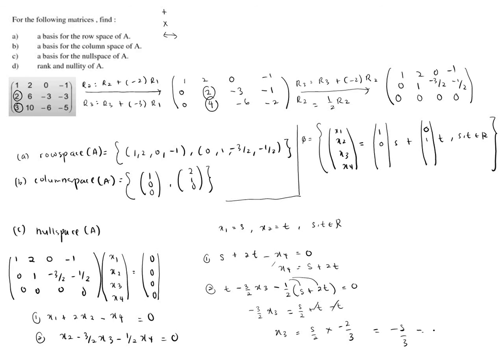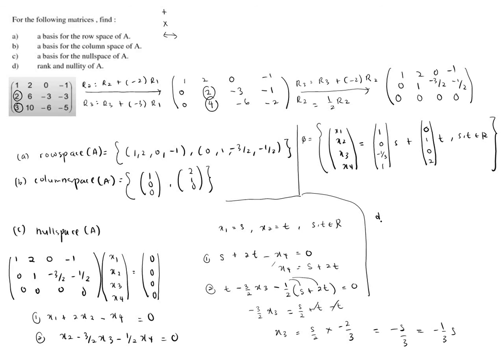So negative 1/3 S plus 0. And the last one is for X4. X4 is S plus 2T. So untuk X4, 1S plus 2T. Okay, this is our answer untuk null space.